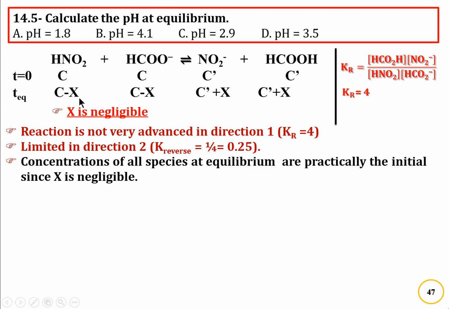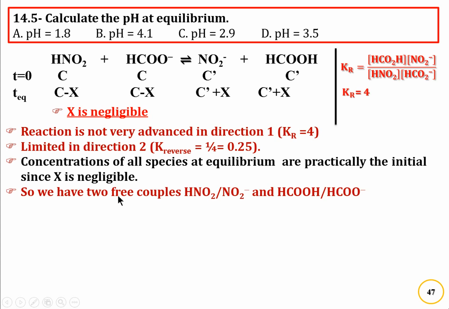So practically, since x is negligible, the concentrations of the species at equilibrium are equal to the initial concentrations. So at equilibrium, HNO2 is practically C, HCO2 minus practically C, and NO2 minus and HCOOH are practically equal to C prime.